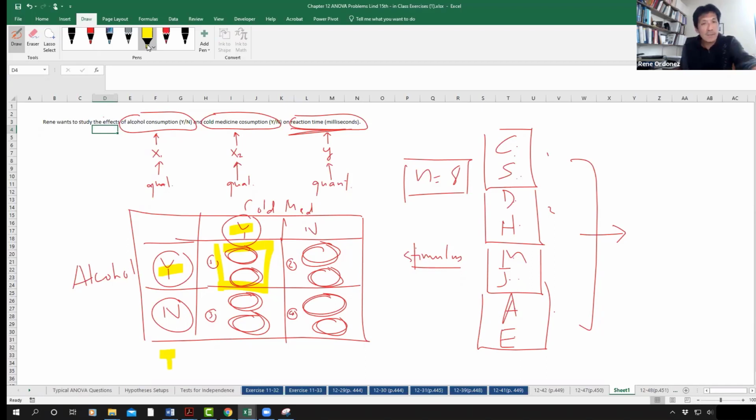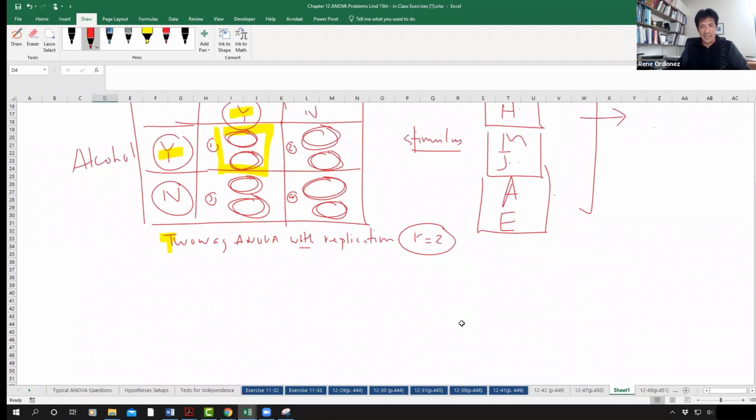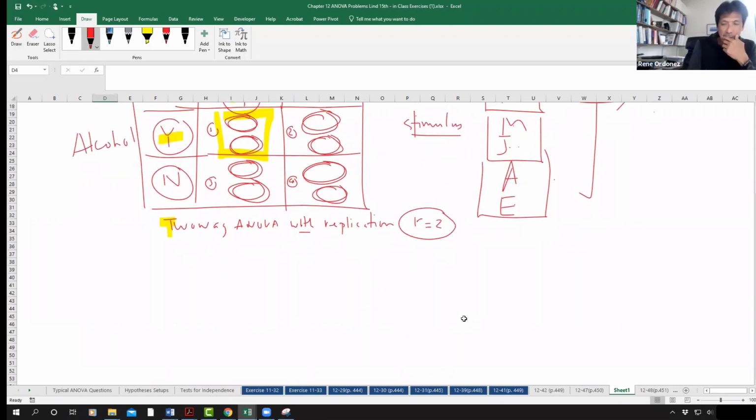So this is a two-way ANOVA with replication, and r, the number of replicates, is equal to 2. Because this is a two-way ANOVA, we can perform 3 pairs of hypotheses. Maybe we can answer 3 different questions.